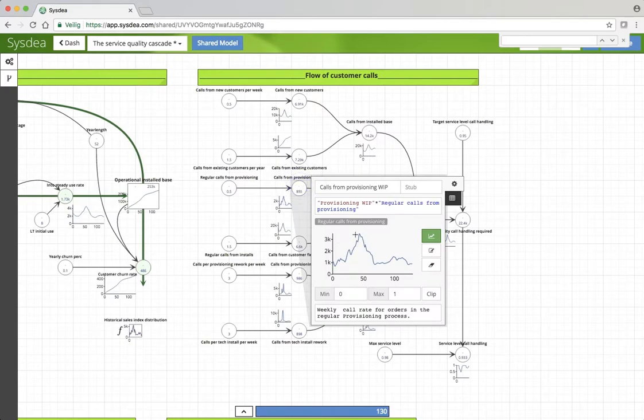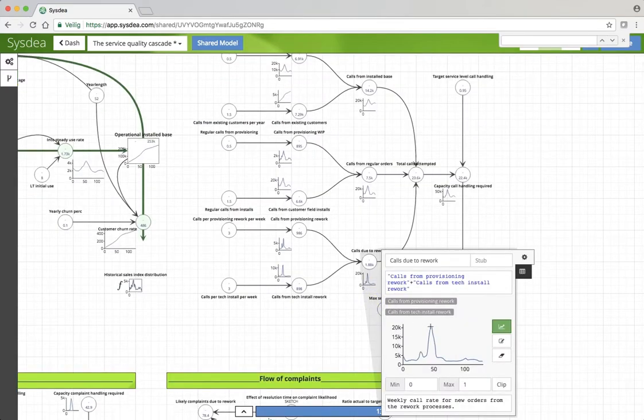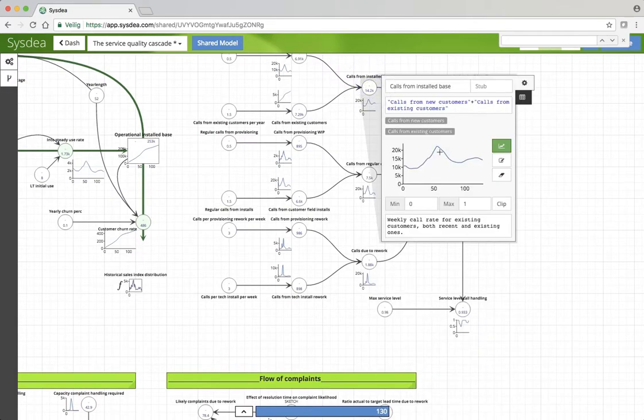You see some 3K here before the end of the first year, and 20K for rework around here. So a small group of rework customers leads to far more calls than the regular group does. The installed base in the beginning isn't so big, but still the installed base also calls quite a lot, especially the new customers do.